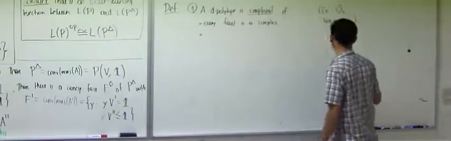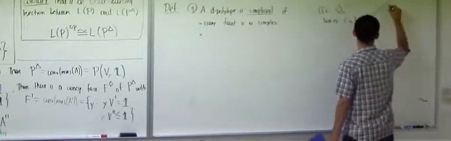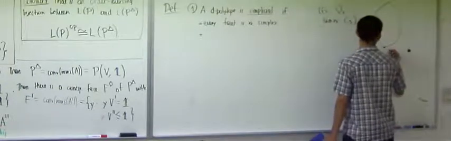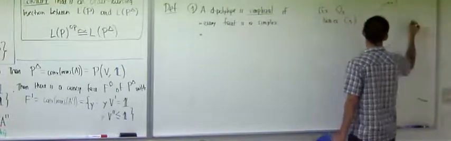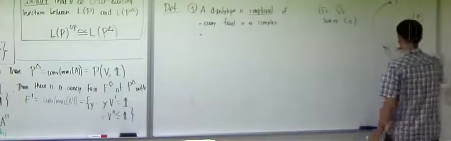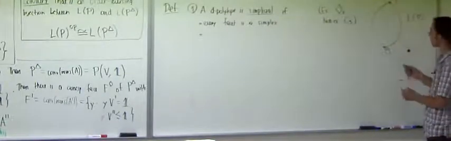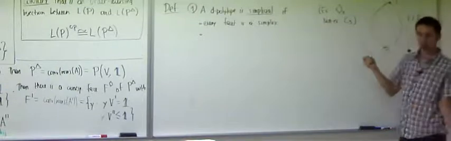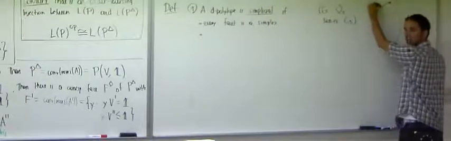Equivalently, if you look at the face poset, so let's say that this is the face poset. Then this represents the faces of the polytope going up in order. So where are the facets? Well, the facets are the highest faces that are not the full polytope.